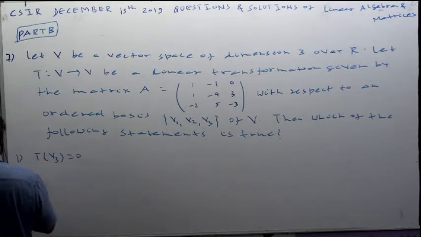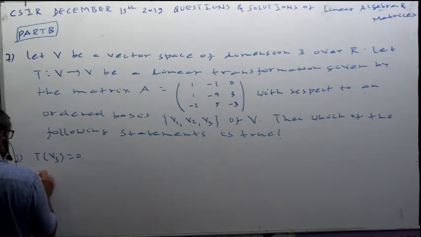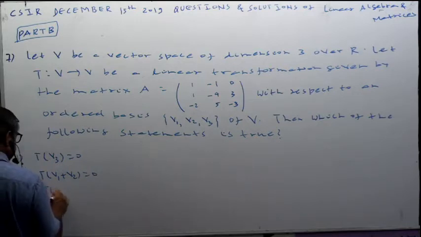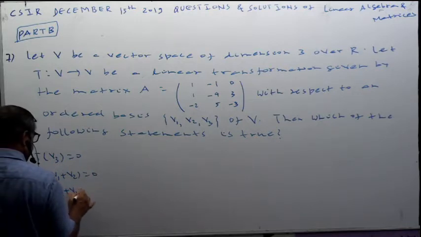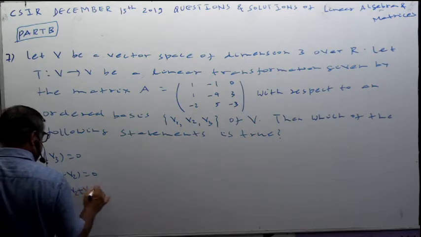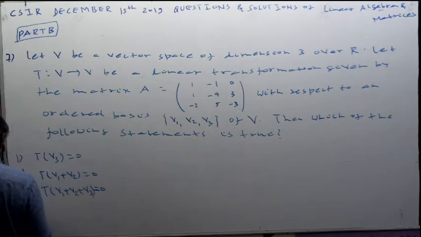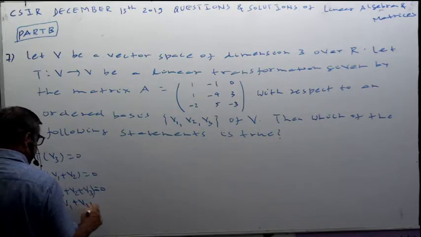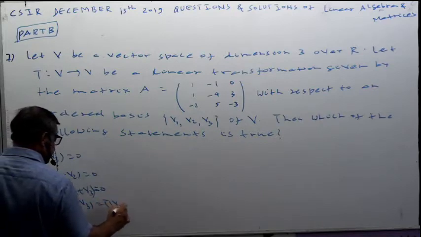Second, T of V1 plus V2 equals 0. Next, T of V1 plus V2 plus V3 equals 0. Fourth, T of V1 plus V3 equals T V2.